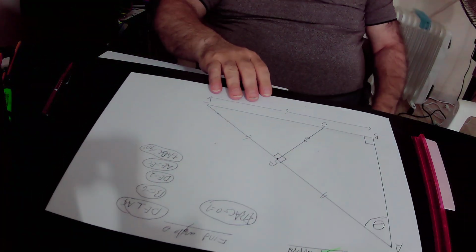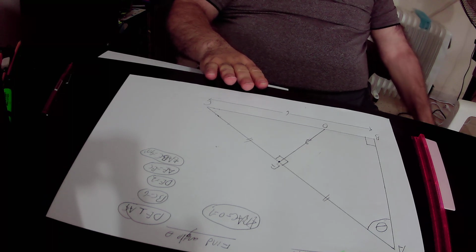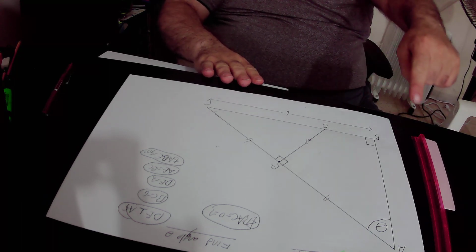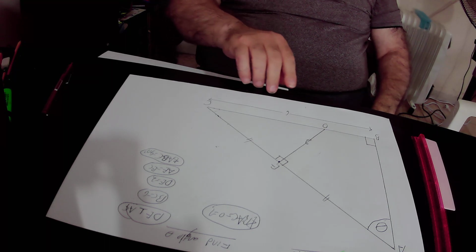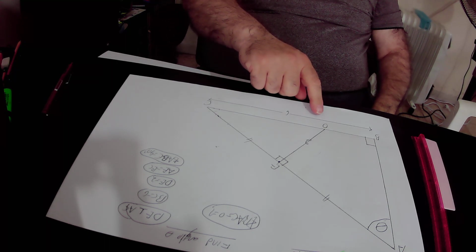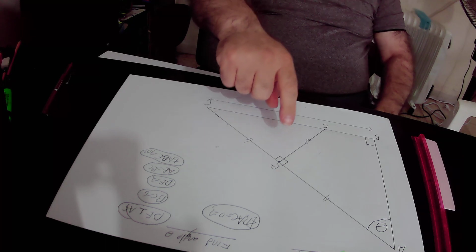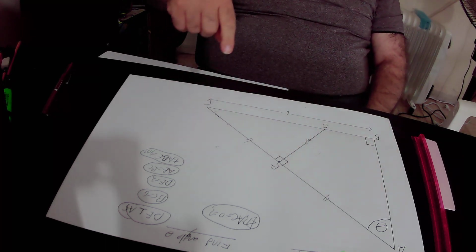We'll solve the second question by 2 different methods. Here we have the right triangle, triangle ABC, angle ABC equals 90 degrees. We know that line segment OE is perpendicular to the hypotenuse AC.